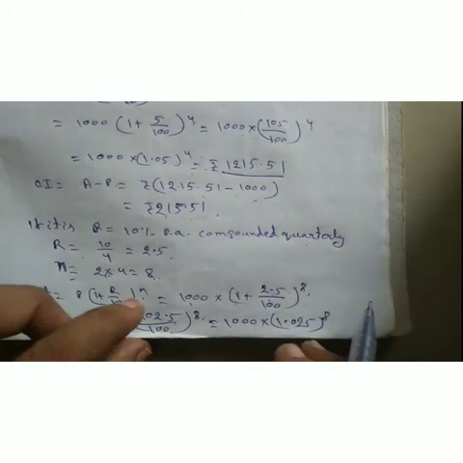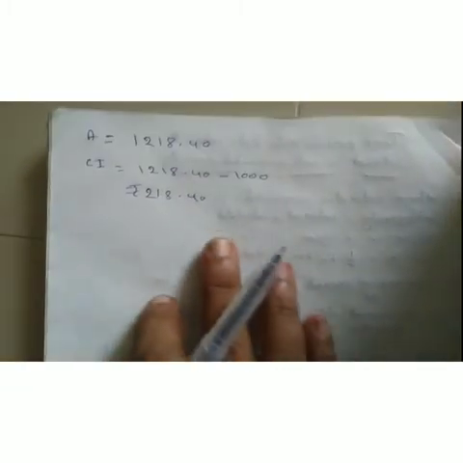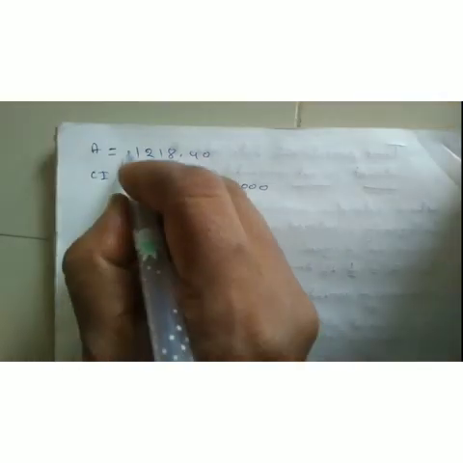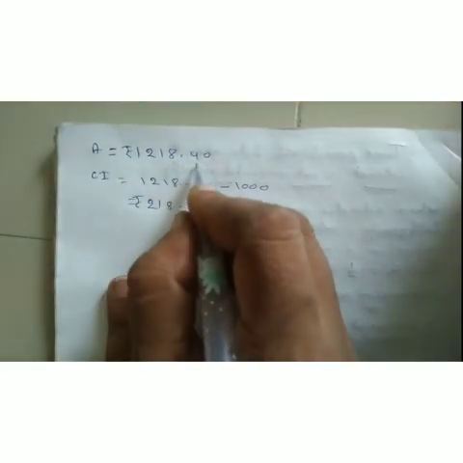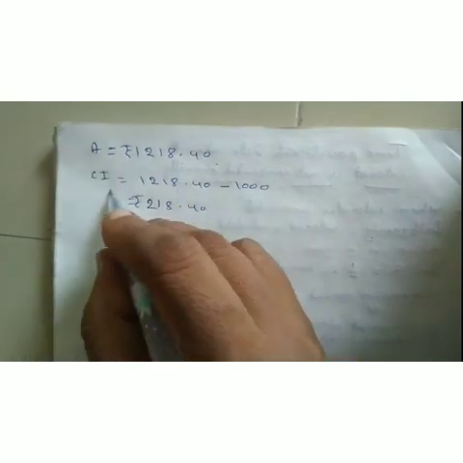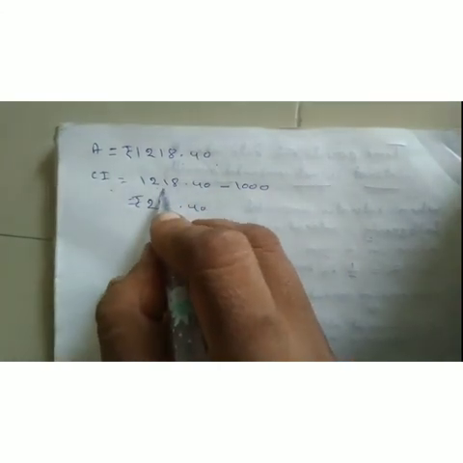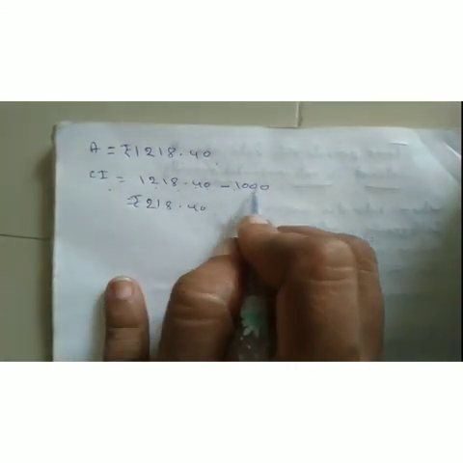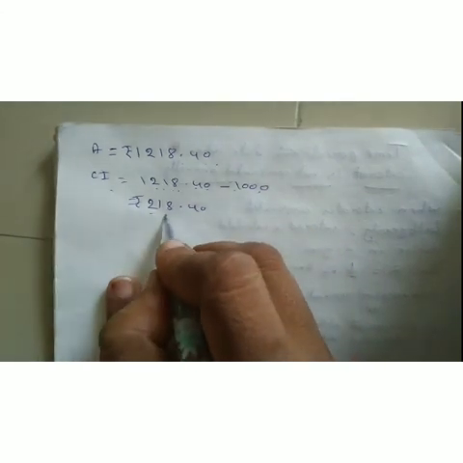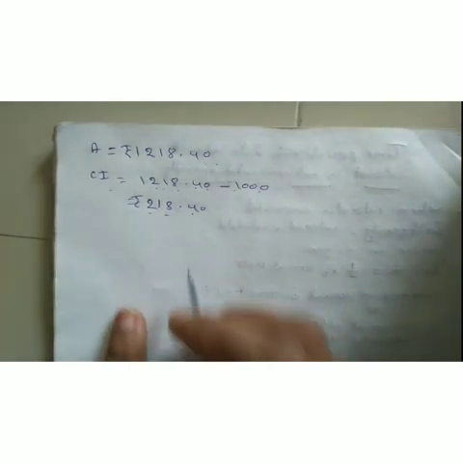If you do the calculation, we will get the amount as 1218.40. So the compound interest will be 1218.40 minus 1000, which is 218.40 rupees. Got it? That is how to calculate when it is compounded half yearly or quarterly.